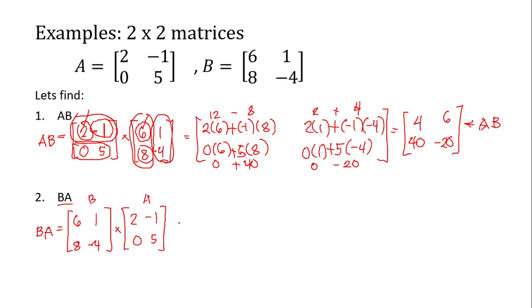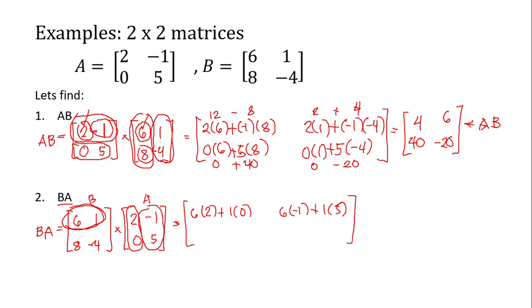So, same process lang din. First row, multiply sa first column. So, we have 6 times 2 plus 1 times 0. Then, first row again for second column. So, we have 6 times negative 1 plus 1 times 5. Next, second row, first column naman.